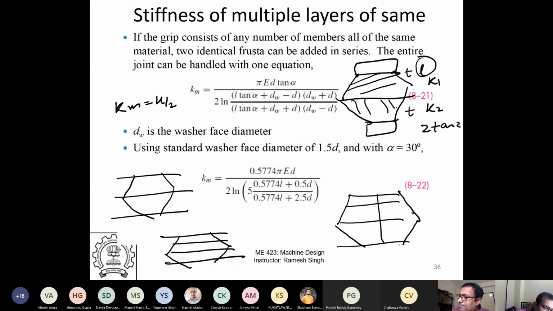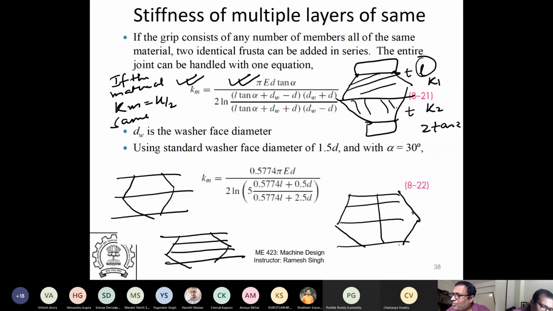So this Km will always be this, provided the material is the same. I'm solving this for two layers, but even if I have n layers of the same material, I will always get this equation. How many people agree with me?